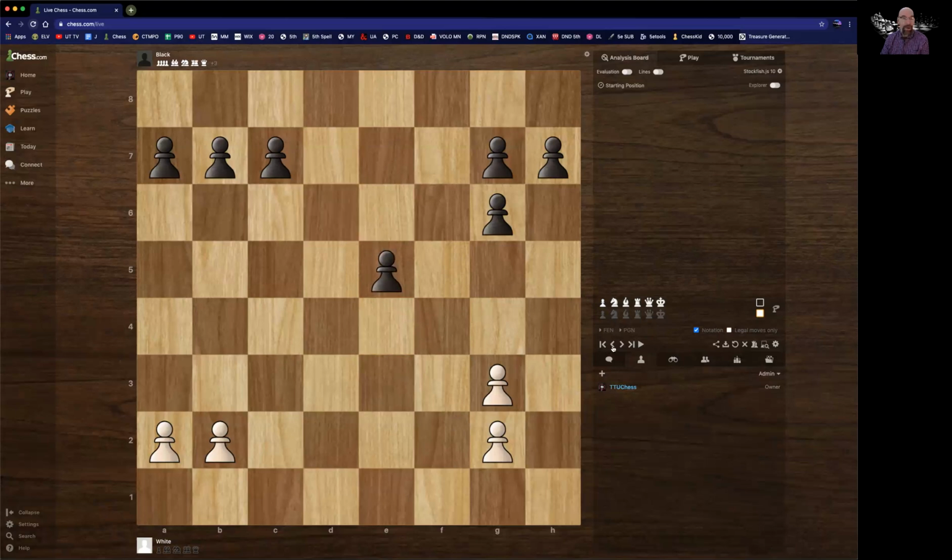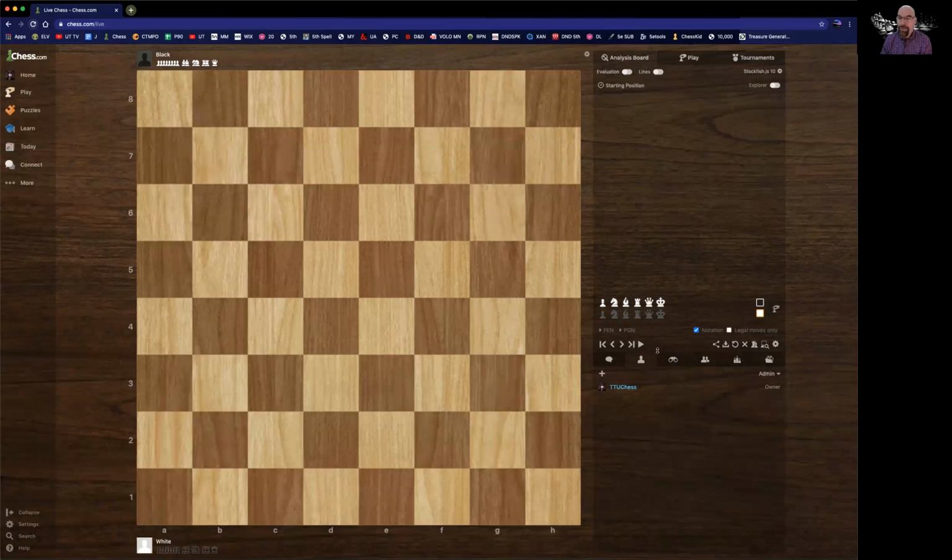So a passed pawn derives its power to some degree in that it cannot be challenged by opposing pawns. It forces the opponent to use pieces to stop it or to try to capture it. So when we talk about pawn skeleton and pawn islands, I'm going to clear the board for a second, and I'm now going to set this up.